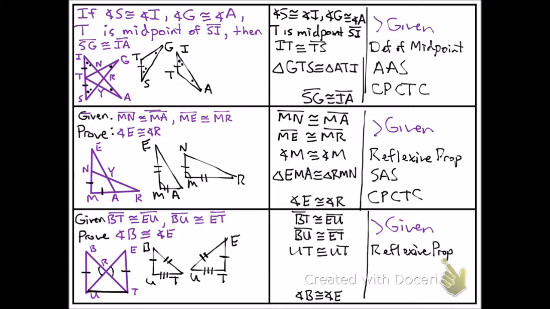From there, I have 2 congruent triangles, so we'll go triangle BUT is congruent to, let's see, we went 1 and 3, so ETU. That would be by side, side, side. And then last, angle B and angle E, which are now corresponding angles here. Corresponding parts of congruent triangles are congruent.